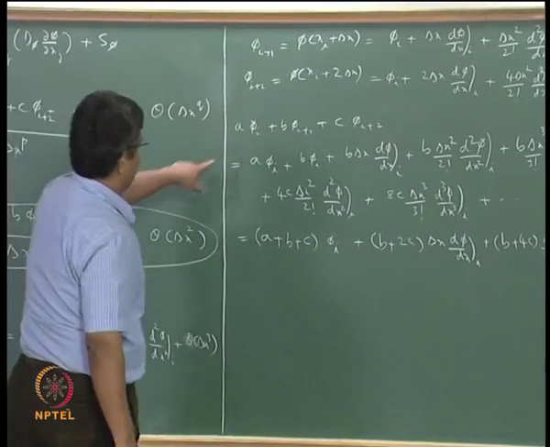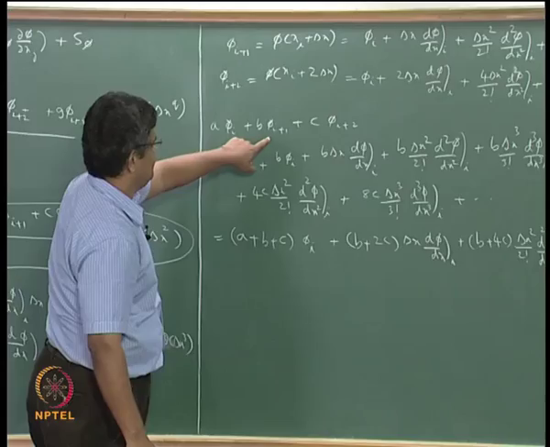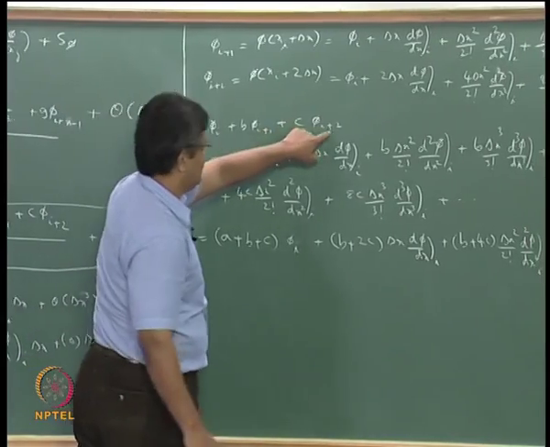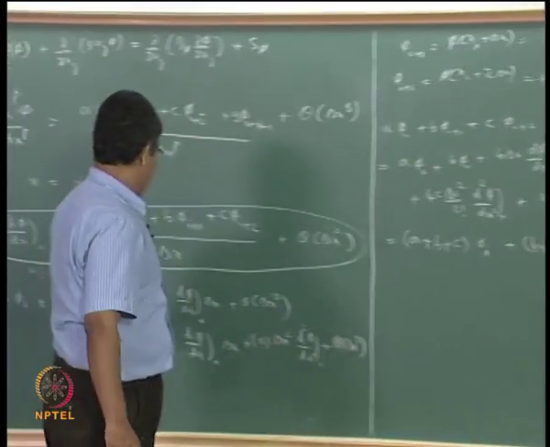So this a phi I plus b phi I plus 1 plus c phi I plus 2 is this, and it is also equal to this.